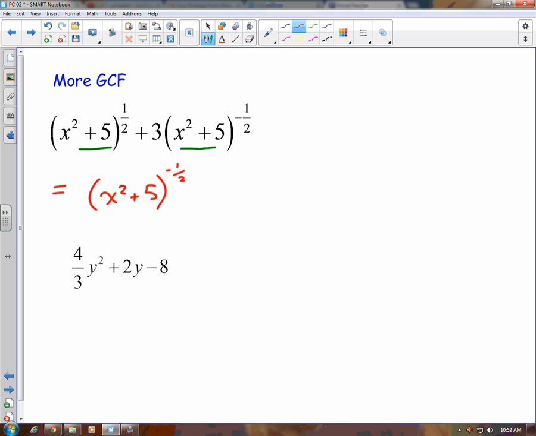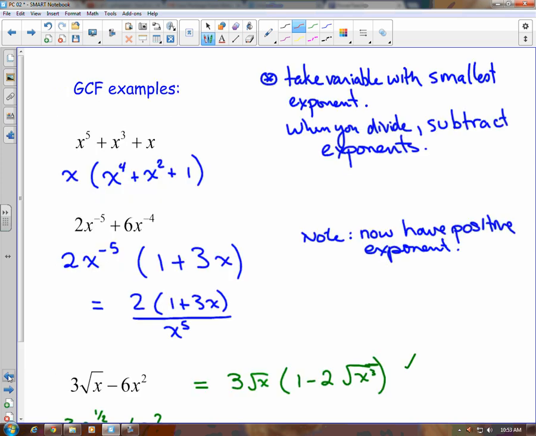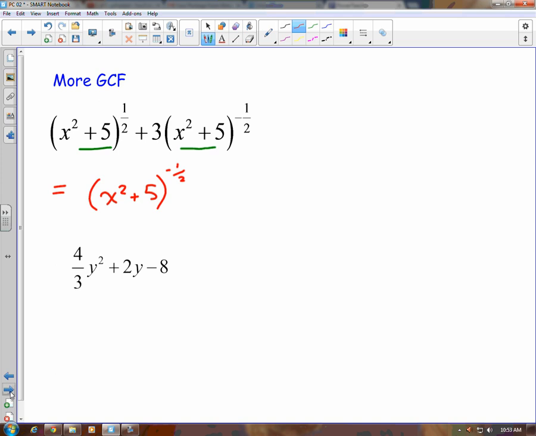Now, that binomial already has a set of brackets. So here's what I would do when I'm looking for my partner factor. Back here, I just put a common factor up front, and then I put a bracket to begin my partner factor. So here, my common factor is already in brackets. So just for myself, to make sure I know that I've got something different coming up here, I open it with a big square bracket.